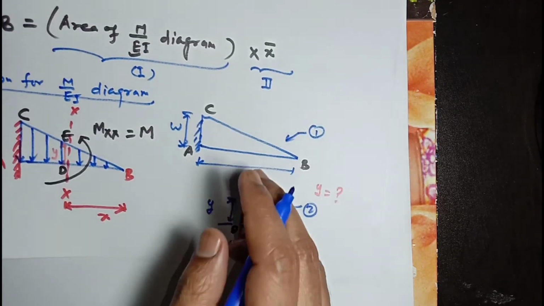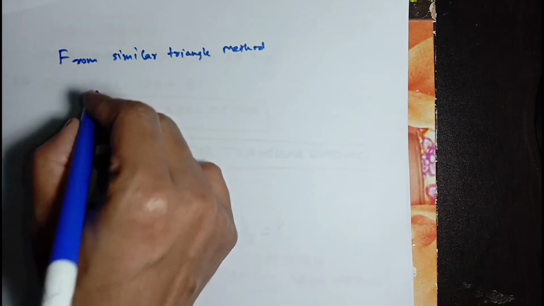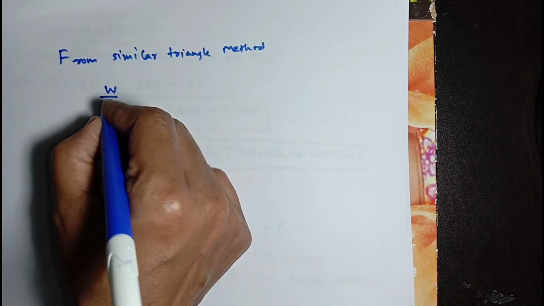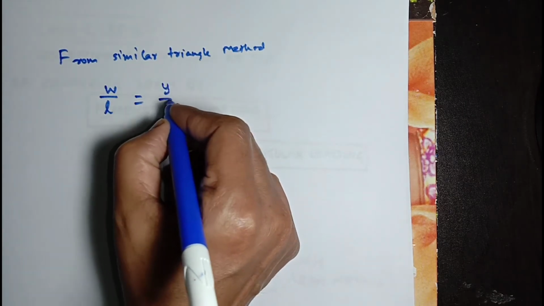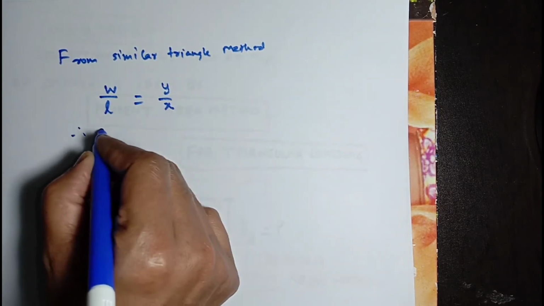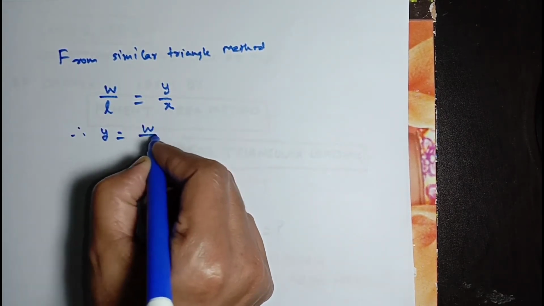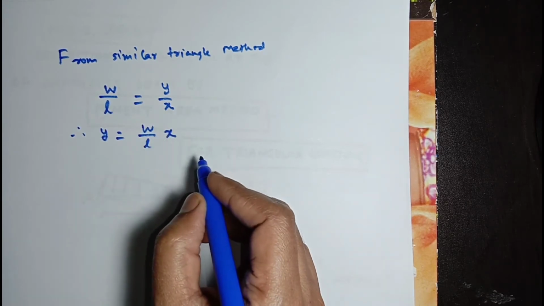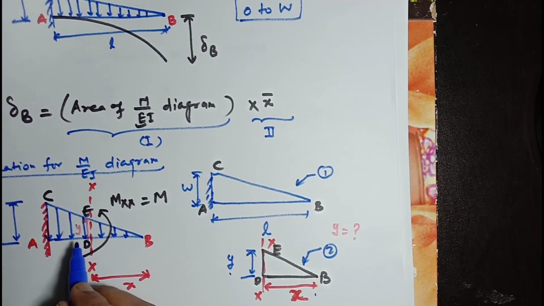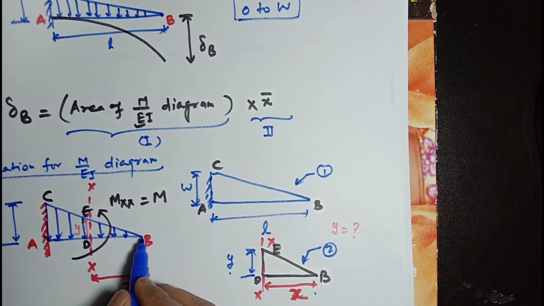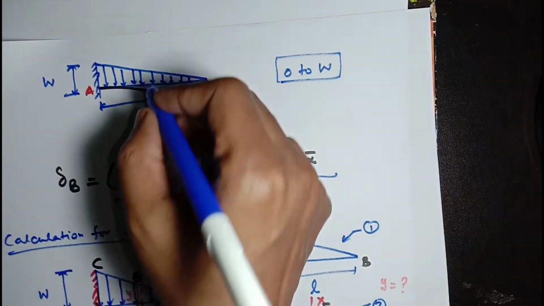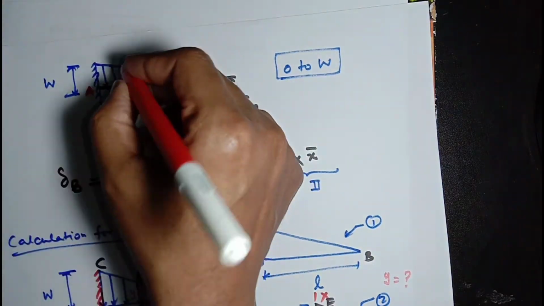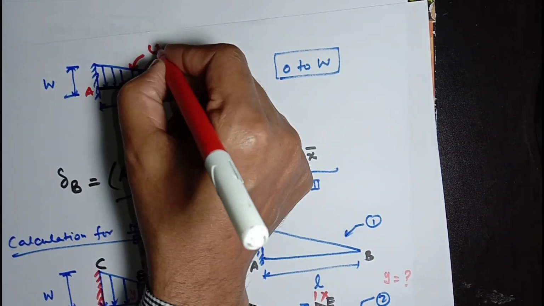Now from similar triangles, W divided by L will be equal to Y divided by X. Therefore Y will be W divided by L into X. This is the value, because triangular loading is a uniformly varying load.